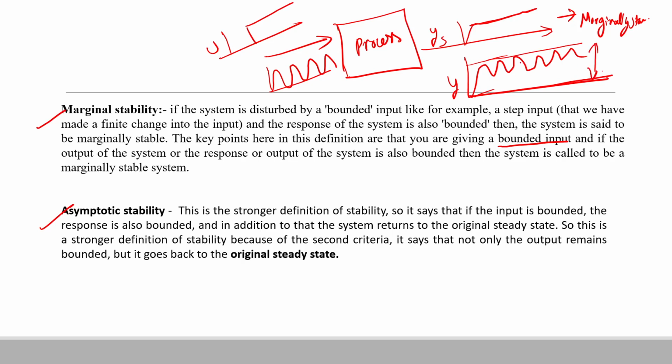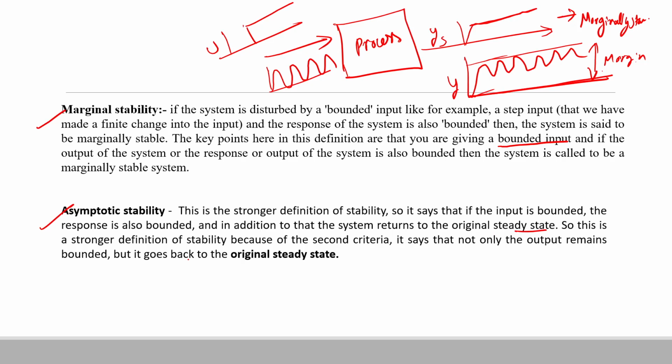So even though the values are constantly changing, the response is still bounded. So we can say that this system is marginally stable, because for this bounded input we are getting a bounded output. Then there is a stronger definition of stability, which says that if the input is bounded, the response is also bounded, and in addition, the system returns to its original steady state.